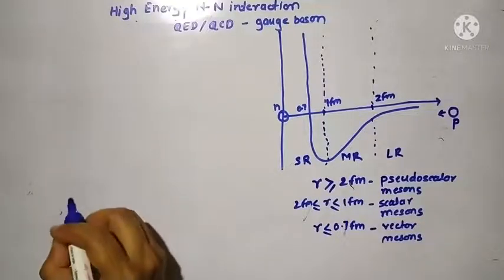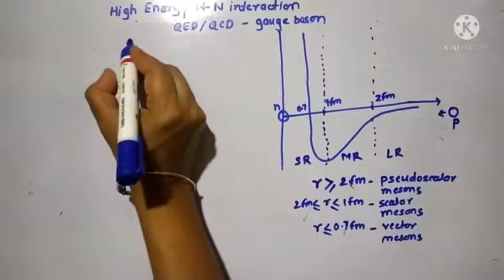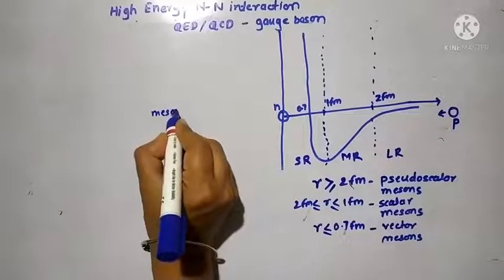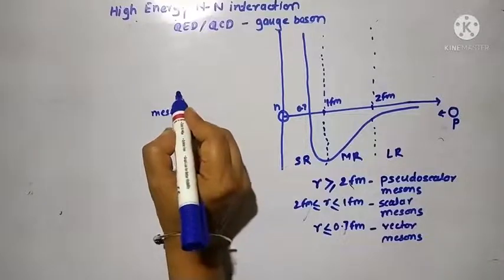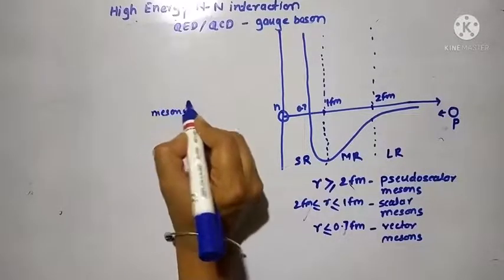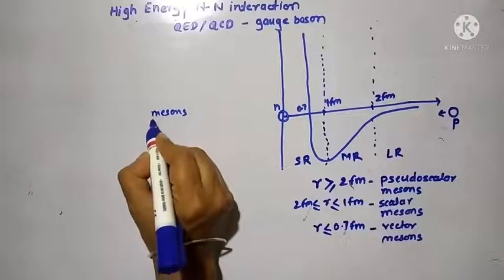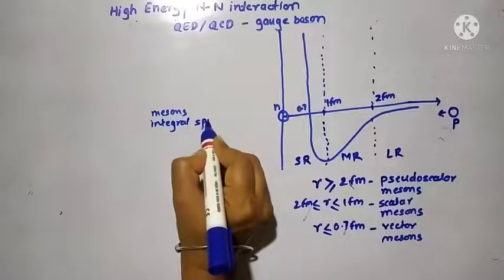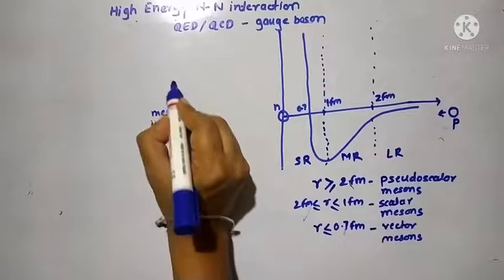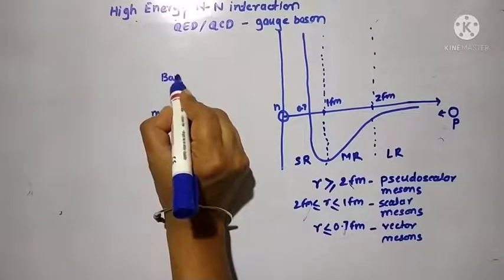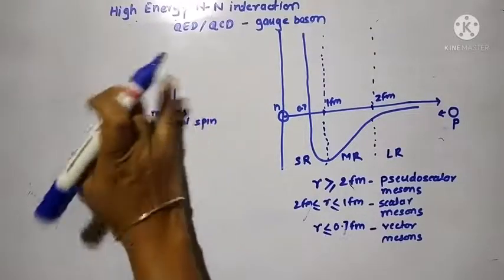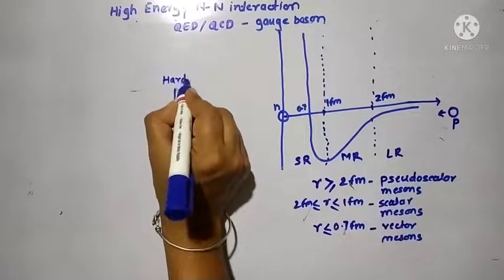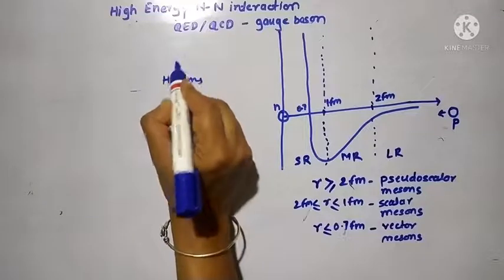Now we have already seen that mesons are elementary particles which have integral spin. These are one of the types of hadrons.